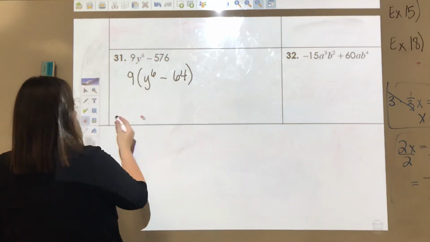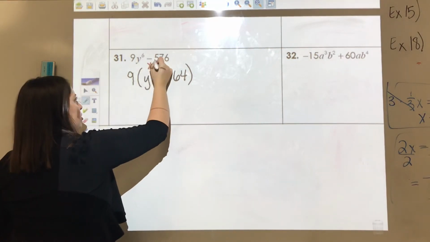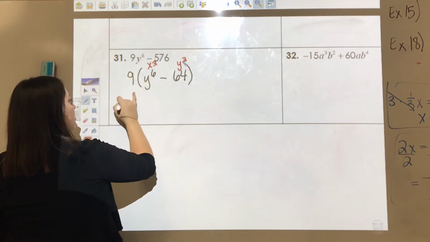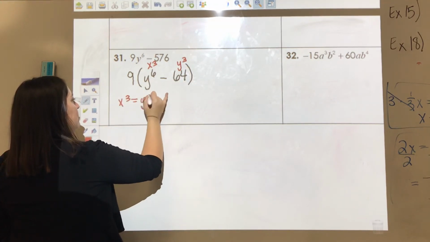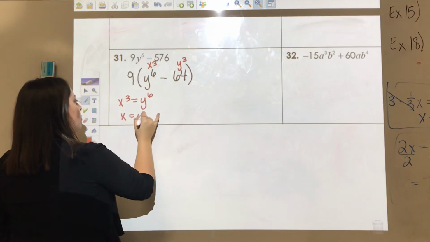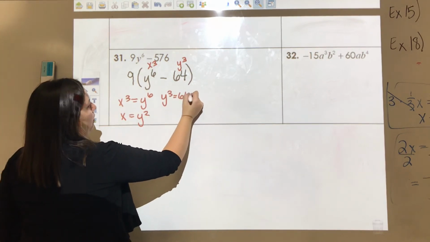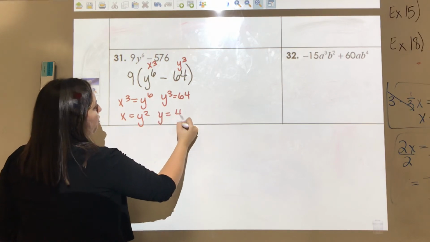So this is a perfect cube. So that means this is x cubed and y cubed. So that means that x cubed is equal to y to the 6th, which means x is equal to y squared. And y cubed is equal to 64, which means y is equal to 4.